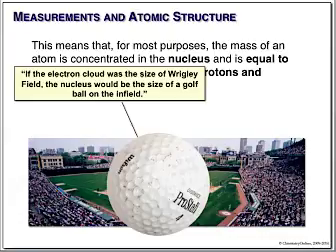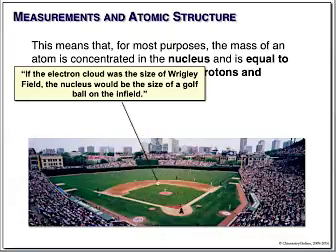If this was the nucleus, and we set it there on the infield, the electron cloud in something like helium would be the entire stadium. So again, virtually all the mass is in this little tiny nucleus, and all the rest of this is essentially empty space. Remarkable.